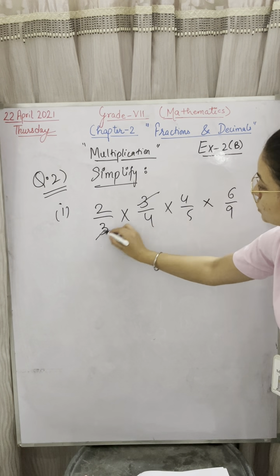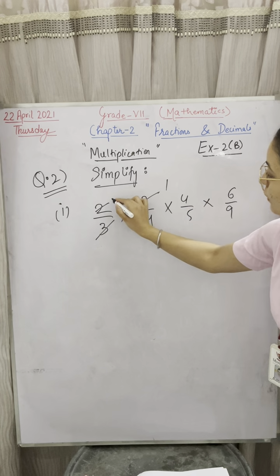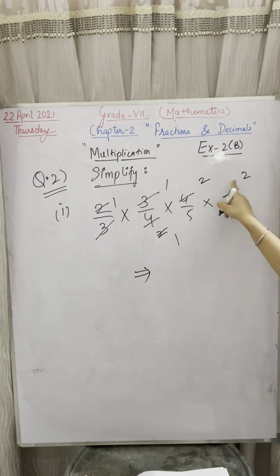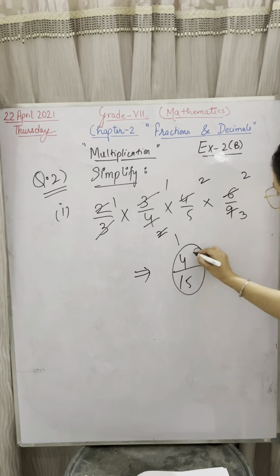This 3 and this 3 I can cancel. 3 ones are 3, 2 ones are 2, 2 twos are 4. Cancel. Now see this side. 2 ones are 2, 2 twos are 4. Now 3 twos are 6 and 3 threes are 9. Anything else? No. So the answer will be 2 twos are 4 and what is left? 5 threes are 15. This is your answer.